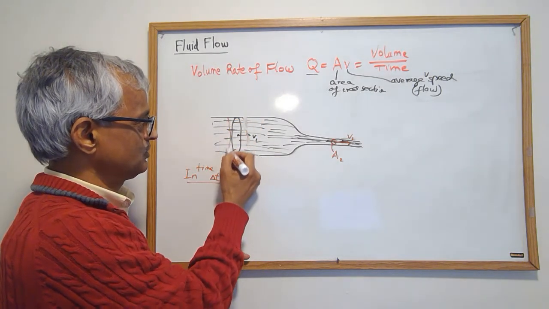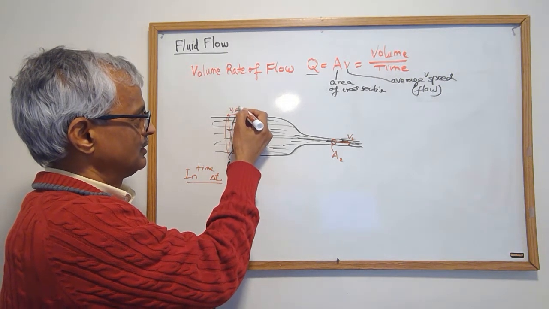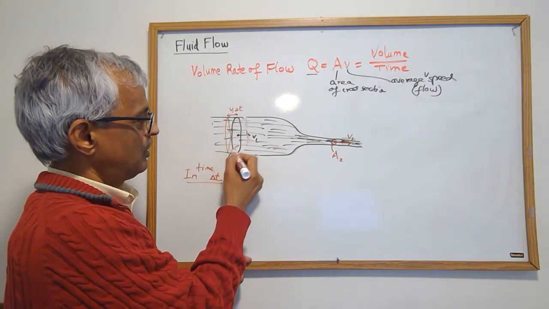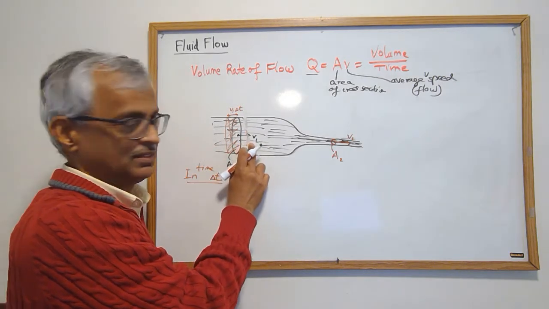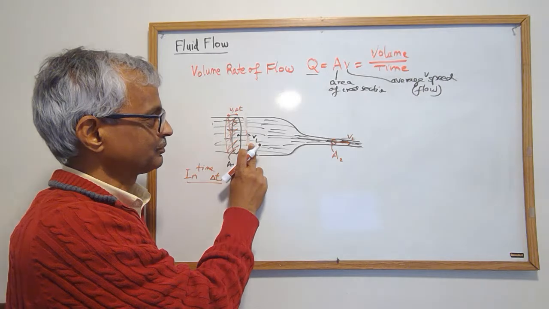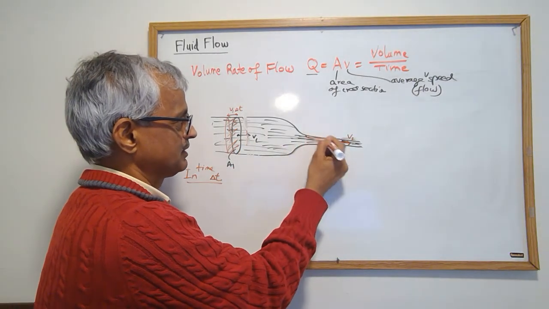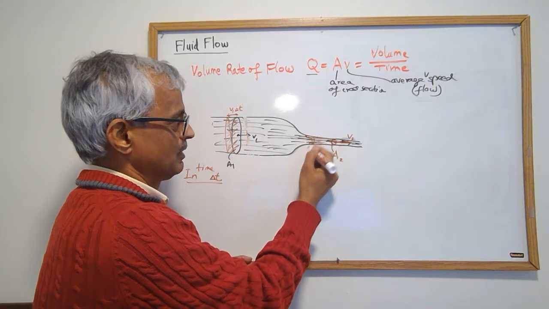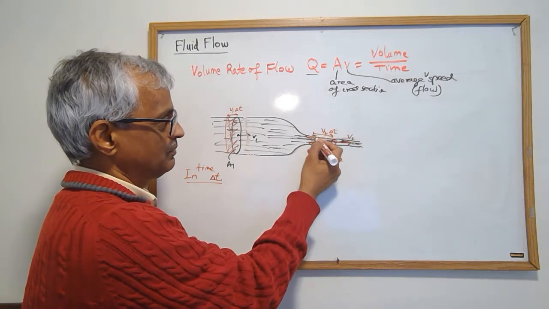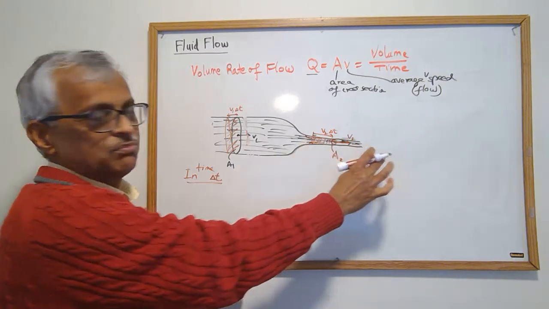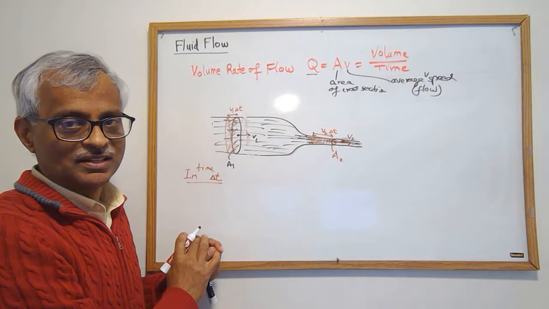Okay, this much, if this is V1 delta T, so all of this fluid would have entered into this space. And over here, let's keep it same. V2 delta T, all of this fluid would have moved out, right?